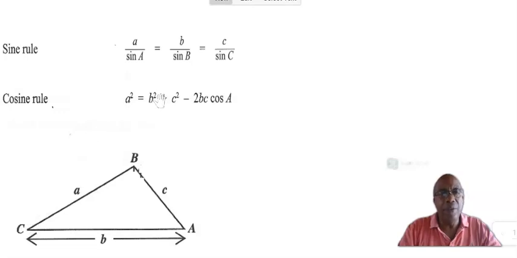And if we note carefully, we'll realize that the cosine rule is what we should use, because in the cosine rule, it simply states that any side squared, like a squared, is equal to the sum of the squares of the other 2 sides minus the product of these 2 sides times the cosine of the angle opposite the side we started with.